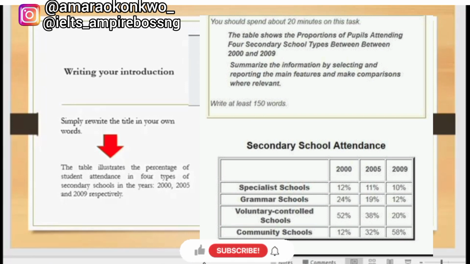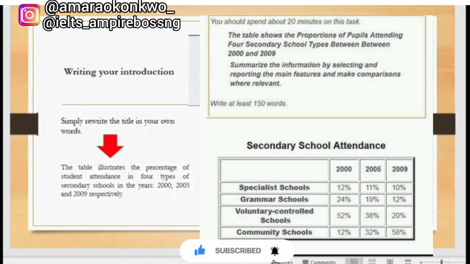Now, before we go on, let us study the information here. If you look at it closely, you see that all 3 schools experienced a decline in attendance. That of specialist schools is more like a gradual decline, not very significant. With grammar schools the decline is more obvious.